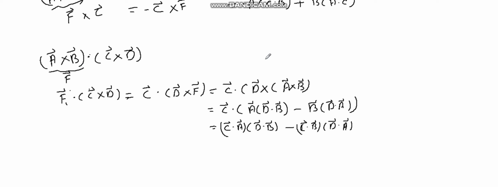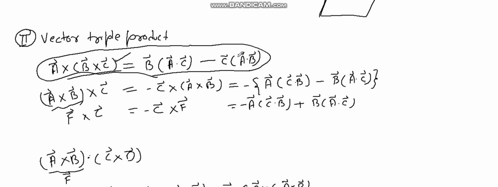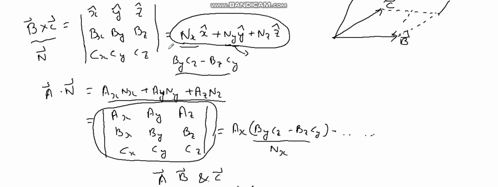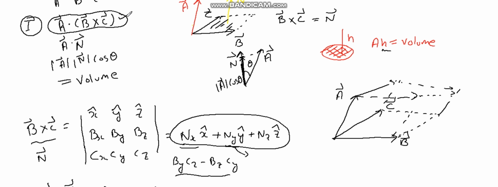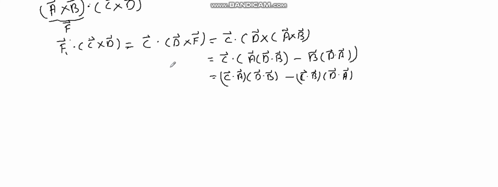We can use these two basic rules, the vector triple product rule and the scalar triple product rule. With these two things, we can always expand any higher product into the simplest form.